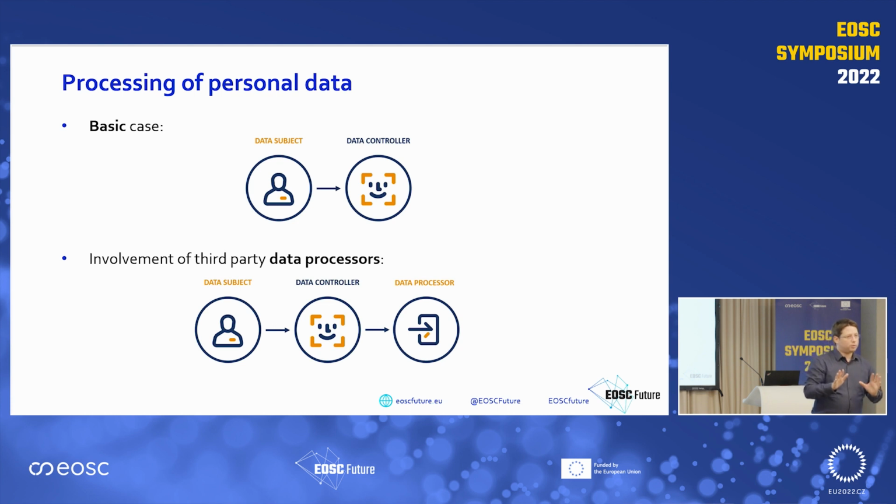So there are different models which you might find in practice, and it's an individual decision on what model to choose. So we understand that GDPR is about personal data, it's about data processing, it's about controllers and data subjects and potentially third-party or subcontracted data processors.